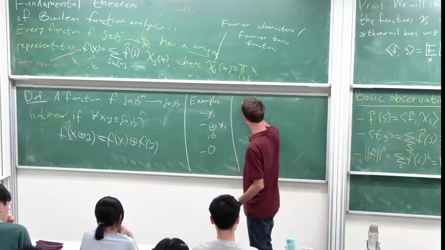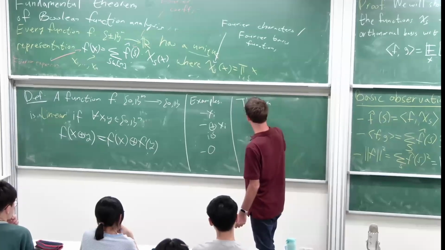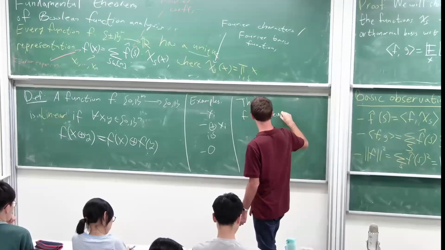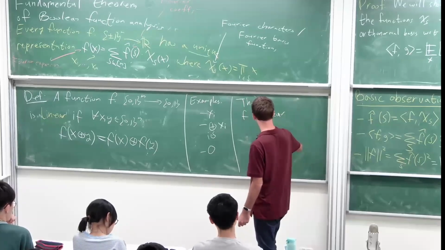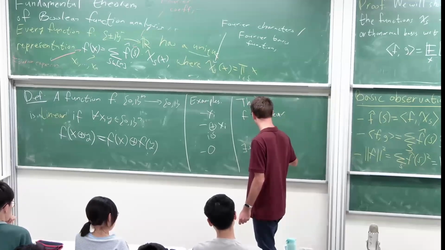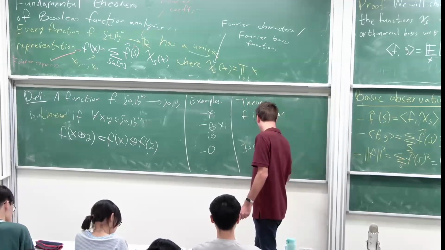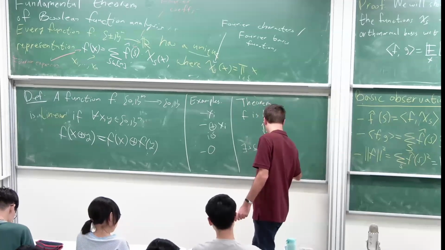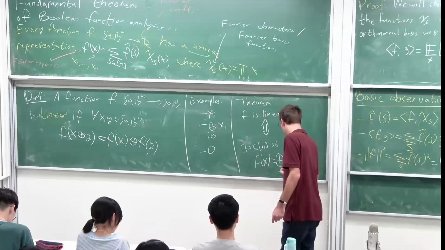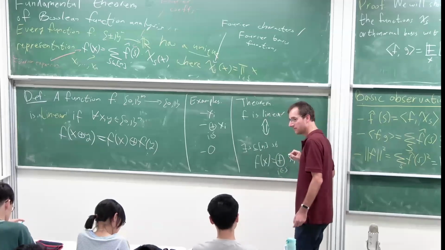So as a theorem, which you all learned in linear algebra, f is linear if and only if there exists a set S such that f of x is the sum of xi for i in S.